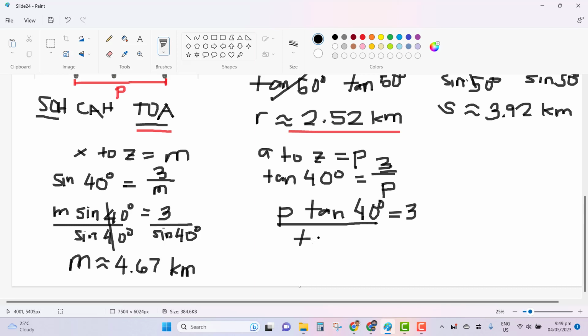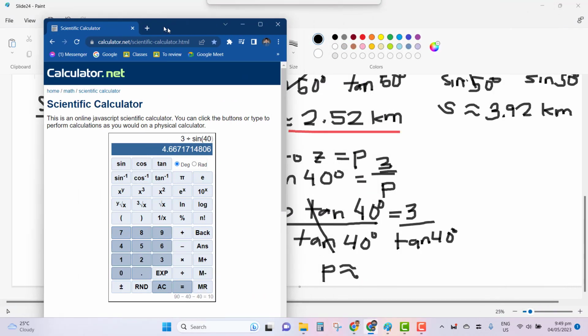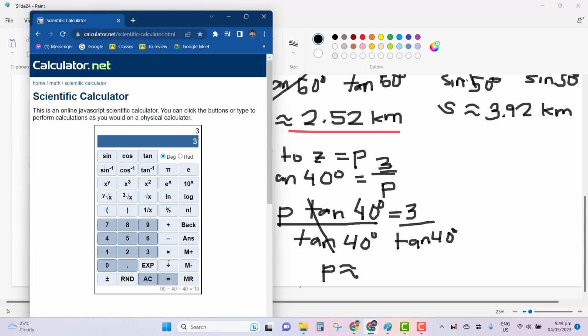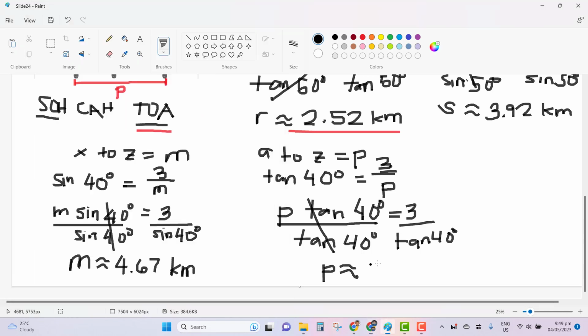You also need to divide this by tangent 40 degrees. The left hand side will be cancelled out. P is approximately 3 divided by tangent 40 degrees. That's 3.58 rounded off to 2 decimal places, 3.58 kilometers.